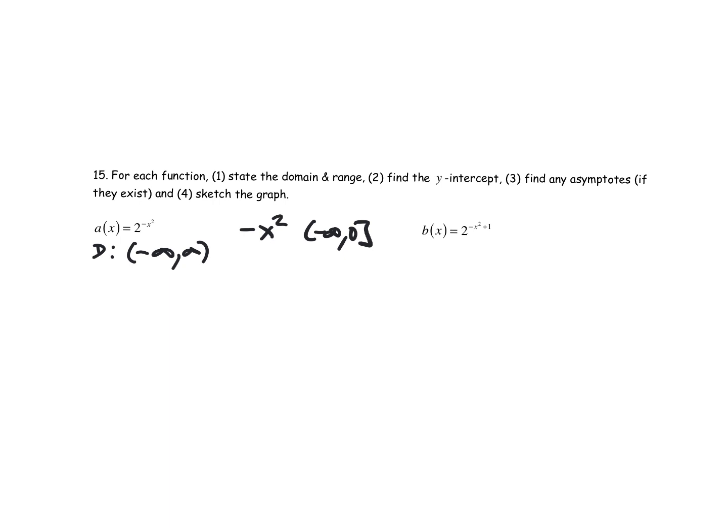So I'm evaluating 2 from negative infinity to 0, and go through each piece. So 2 to the negative infinity, what's going to happen there? Well, that's going to get really close to 0, but not hit 0. And then the high point is going to be 2 to the 0, which is 1. So that gives me my range.